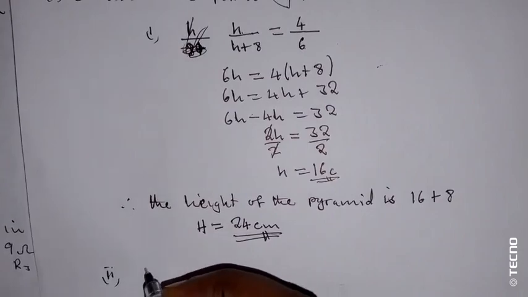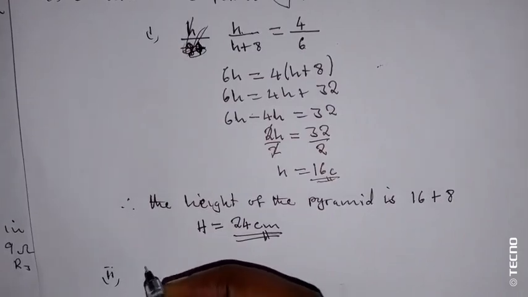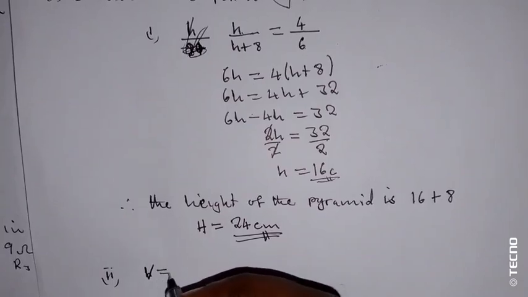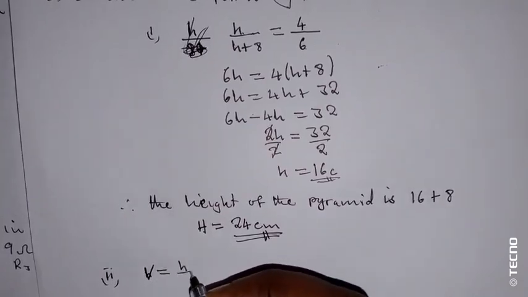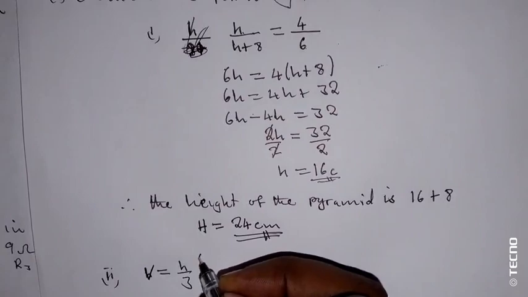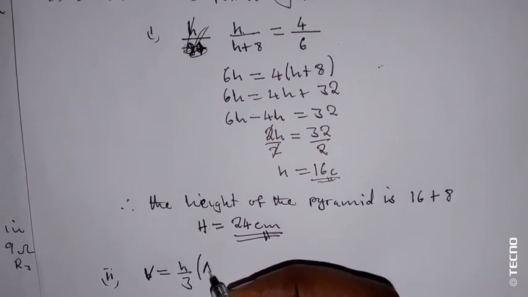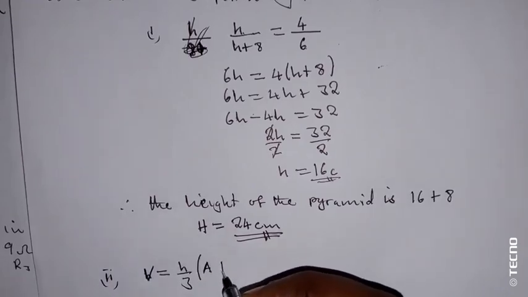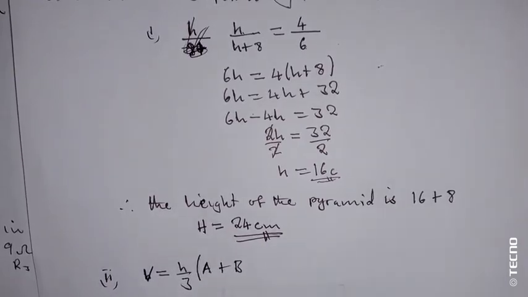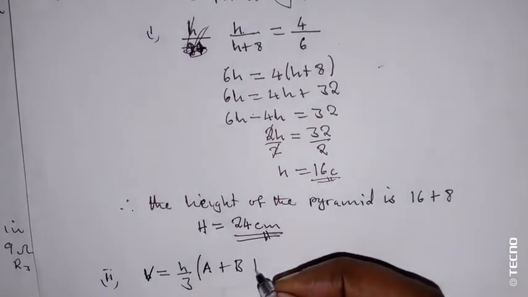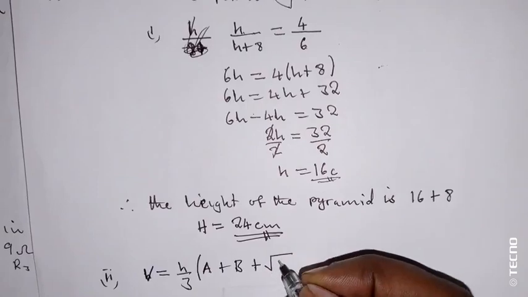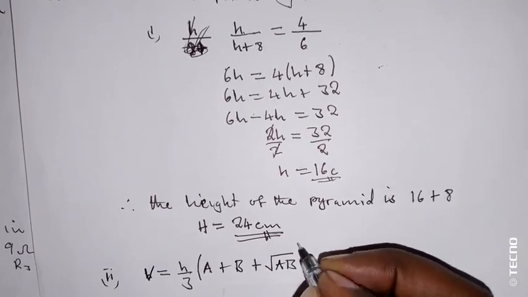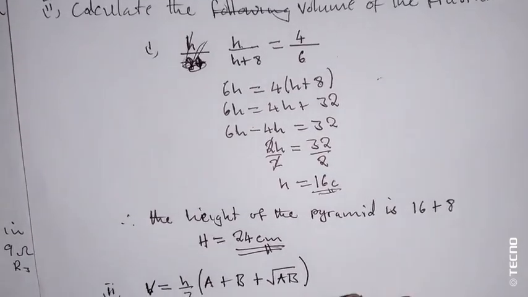So we said it's h. We'll say V is equal to h over 3 open bracket, area of the base plus B, we find this area, then plus root A times B. So you are going to have something like this.